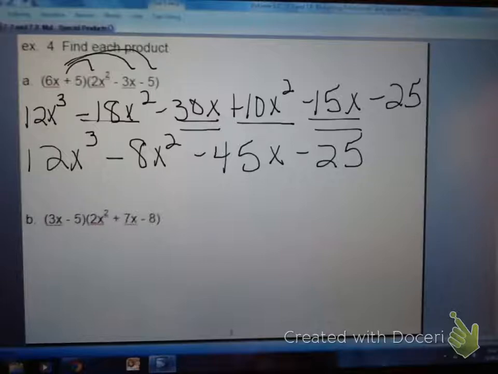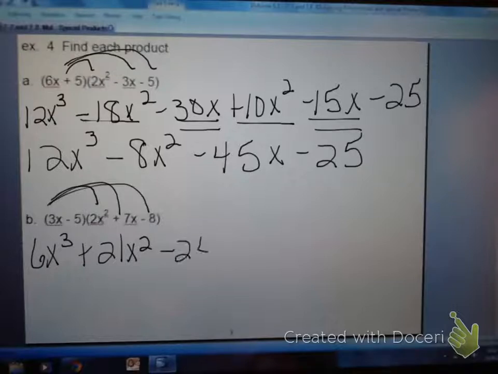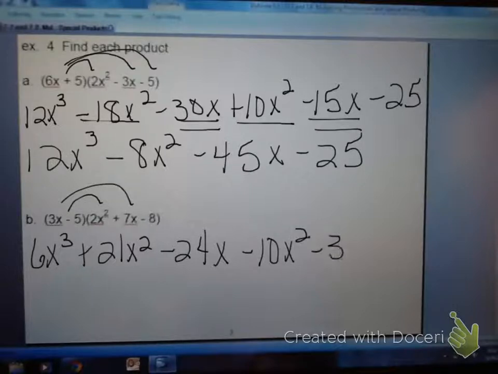Example B, we're going to distribute again. We get 6x cubed plus 21x squared minus 24x. And then we're going to do the distributive property again by multiplying the negative 5 times everything, and get negative 10x squared minus 35x.